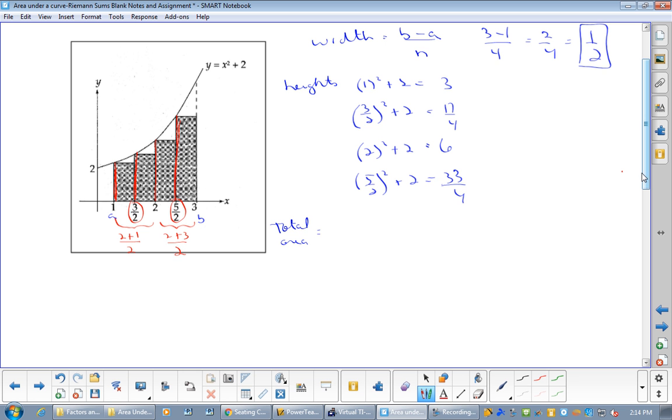My width is 1/2 times the height of the first, which is 3, plus 1/2 times the height of the second, which is 17 over 4, plus 1/2 times the height of the third, which is 6, plus 1/2 times 33 over 4, which is 43 over 4, which is approximately 8.25.